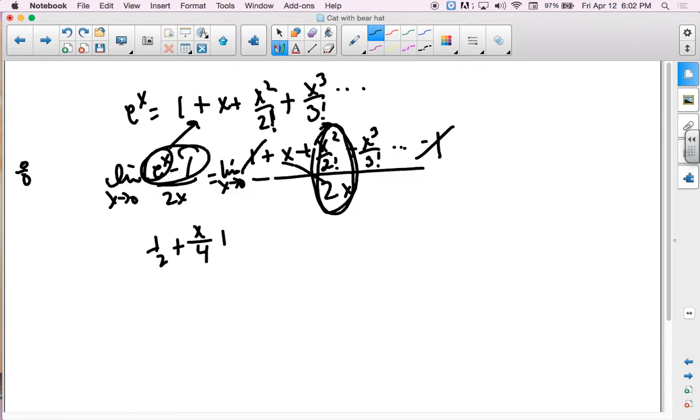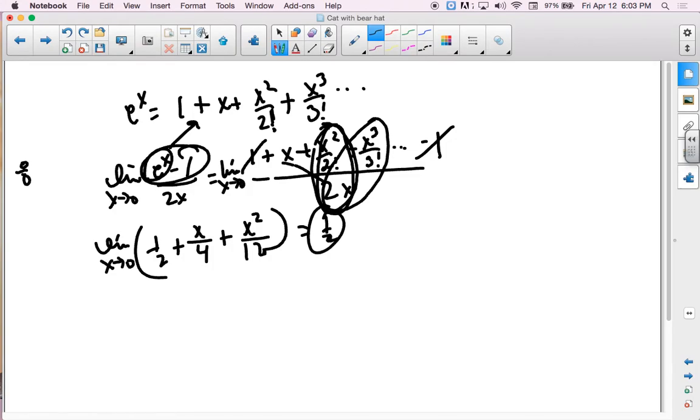Then I have plus an x squared on the top over, well, you don't even really care anymore because you're taking the limit as x approaches 0. That number's going to be 6 times 2, I guess 12. But now, as you fill in 0 for your x, you just get 1/2, which is exactly what you would have gotten with L'Hopital's rule also.